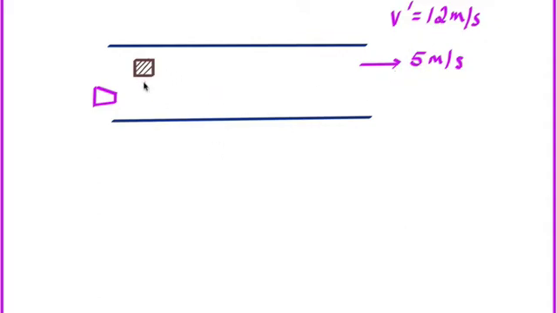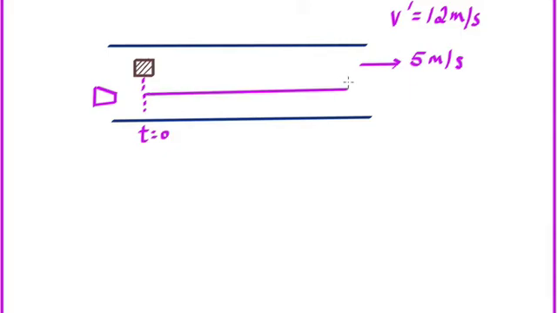And let's say the boat crosses the raft at time t equal to 0. And what the boat does is it moves for 20 seconds downriver after it crosses the raft.